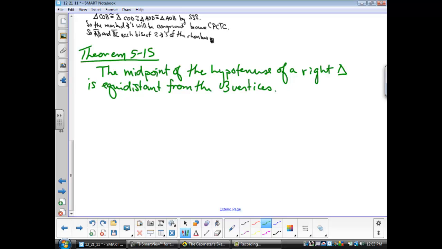This works because of the properties of rectangles.